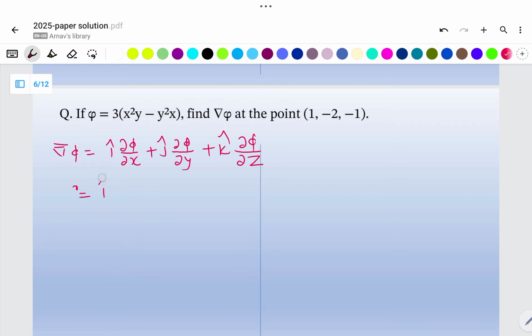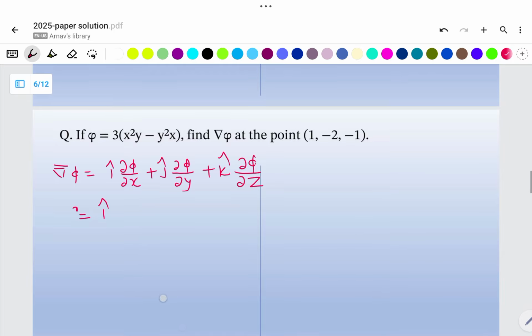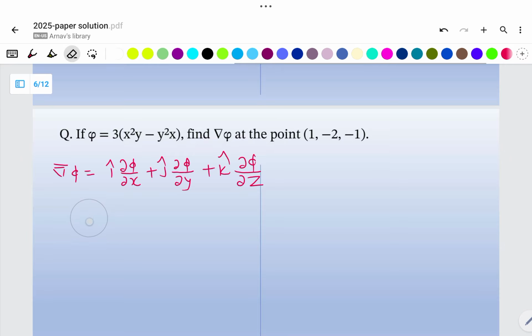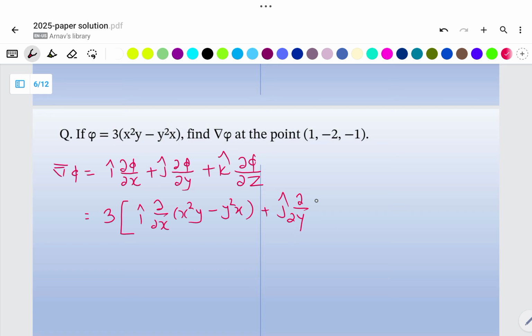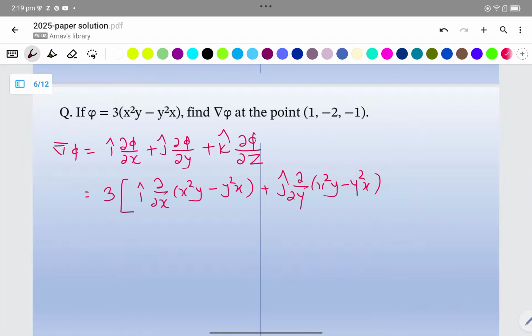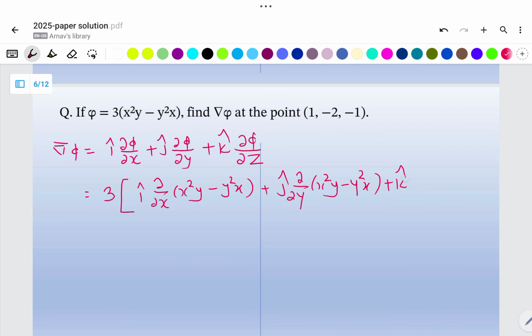So let's substitute. i cap ∂/∂x of (x square y minus y square x), plus j cap ∂/∂y of (x square y minus y square x), plus k cap ∂/∂z of (x square y minus y square x).